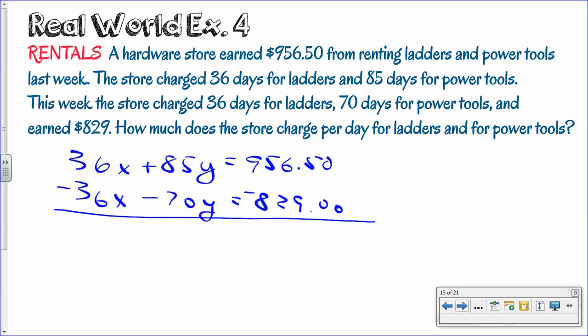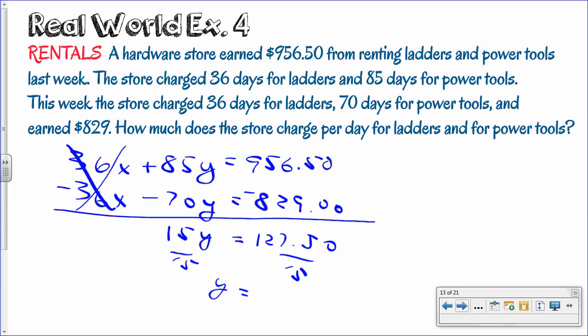Alright, so eliminate. 15y equals 0.5... What's 9 from 16? That would be 7. Oh, perfect. Divide by 15.